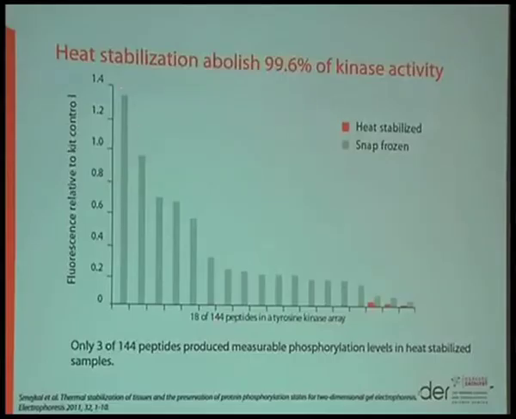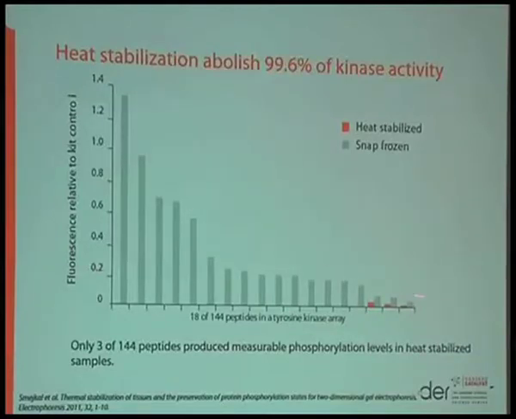Here are the 18 most abundant, most phosphorylated motifs. Again, we see quite high levels in the snap frozen, and in the heat stabilized, there are just 3 that show any type of activity. And there are another 120 or so peptides.